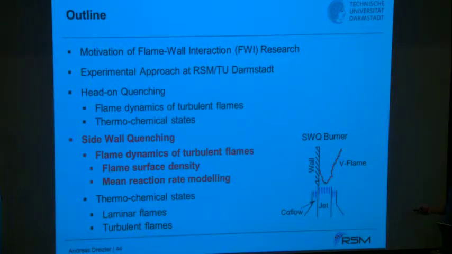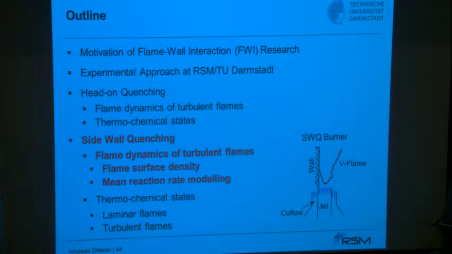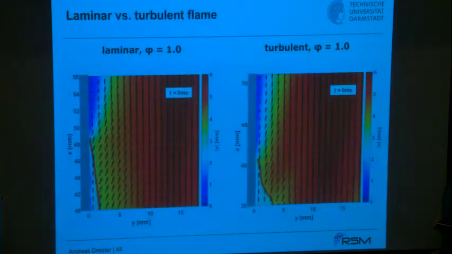And what I will discuss first is again using this planar data to come up with mean reaction rates. Okay, so first of all, you see here after post-processing what the data looks like. To the left, that's the wall.